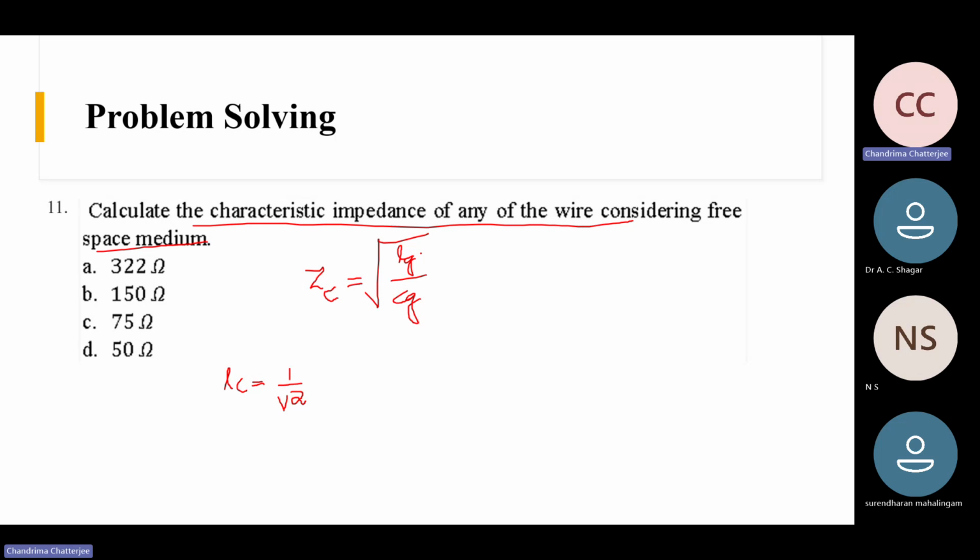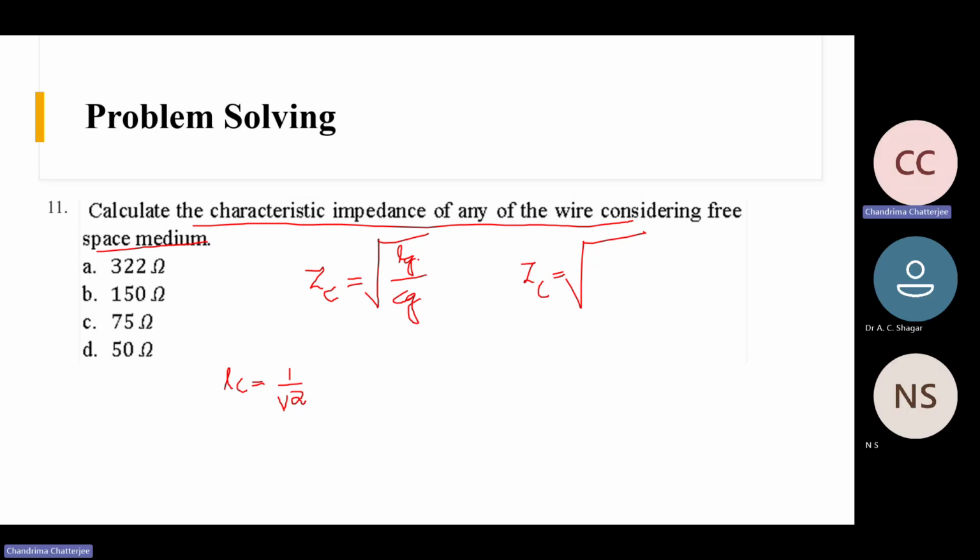If you do LG times V, you will get a different value. Suppose you write like this, this will not be correct. So you multiply LG in the numerator and LG in the denominator. So this becomes LG square and this is LG CG. So this is basically 1 by V square.